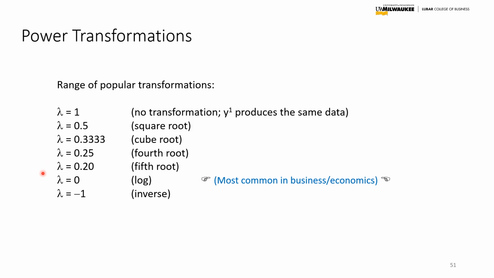As you can see, we eventually will converge on lambda of 0, which is the log transformation, and we can go to the other side of 0 to, for example, -1, which would be taking the inverse of the variable. Now, the log transformation actually turns out to be one of the most common remedies in business and economic applications.